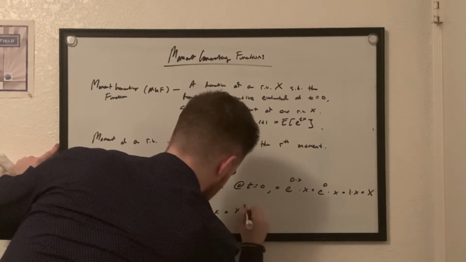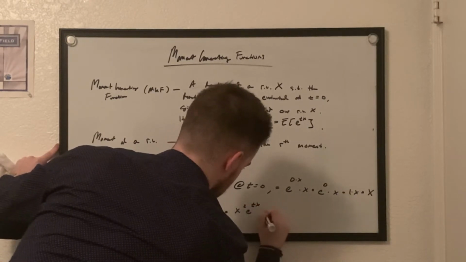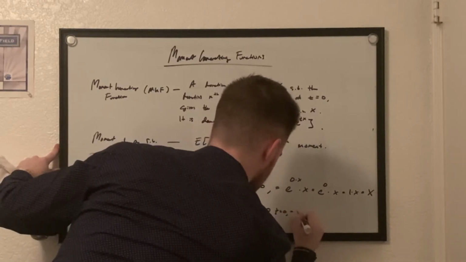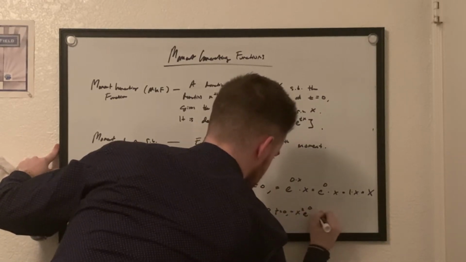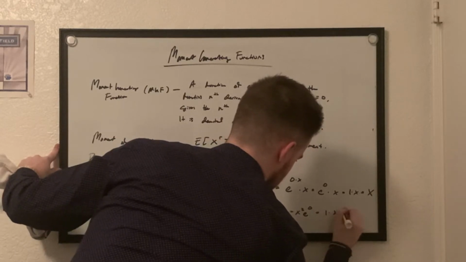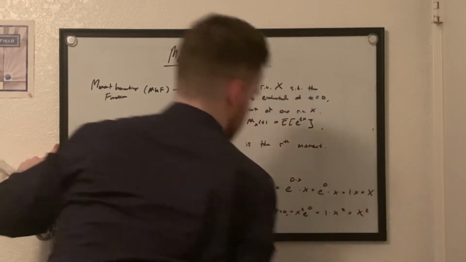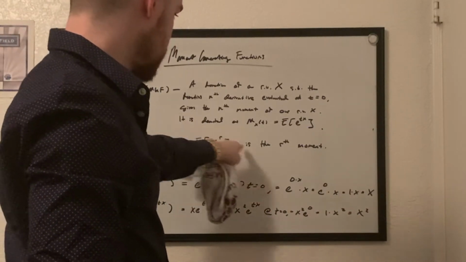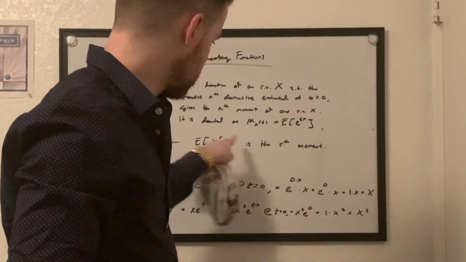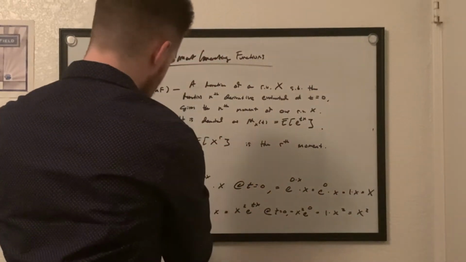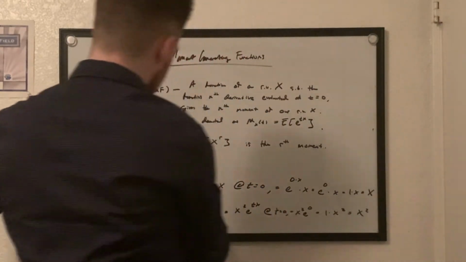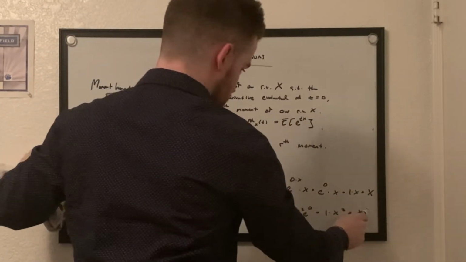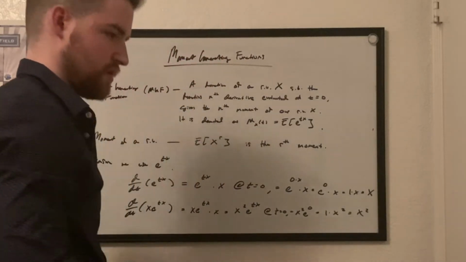So we get x squared e to the tx, and at t equals 0 that gives us x squared e to the 0, which is 1 times x squared, which is x squared. So you can see, as I said, x to the 1 will give us our first moment, x to the 2 will be our second moment. The first derivative gives x, the second derivative gives x squared. So we get our first and second moments.